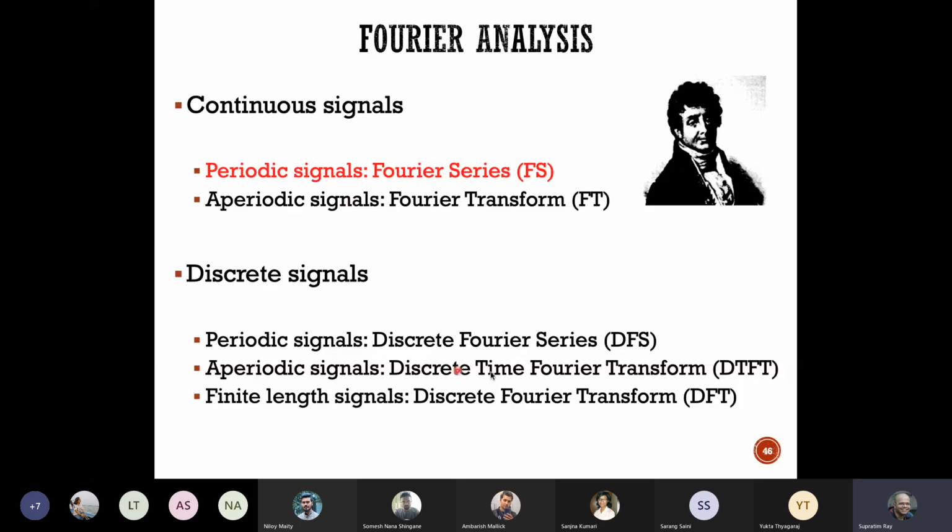Then we will talk about the discrete version, the discrete Fourier series. Then we'll talk about the aperiodic versions, the Fourier transform and the DTFT. You might wonder why the continuous case has 2 while the discrete case has 3. The answer will become clear towards the end when we talk about the discrete Fourier transform. At the end of the day, when you have your data and are doing Fourier analysis in MATLAB, you are always doing the DFT.